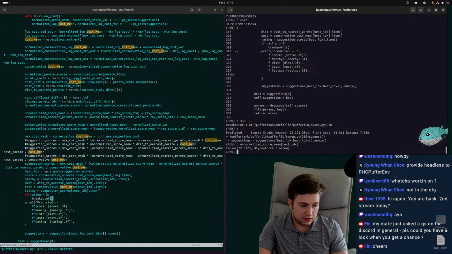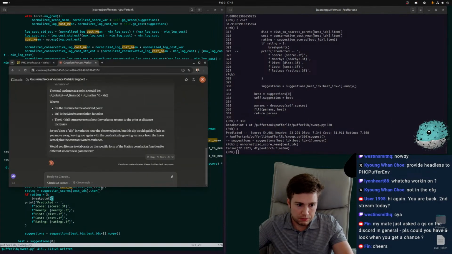But the variance is way, way too low. It has no business being this confident. This is in fact the main reason we use these models.